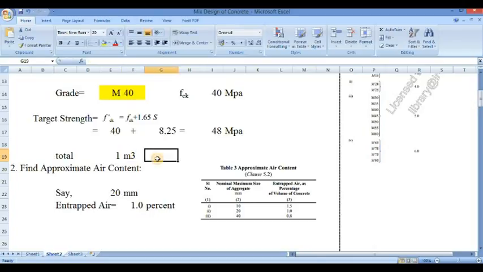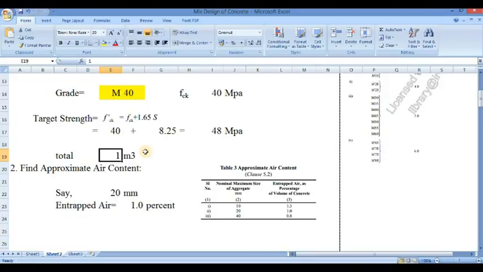That means the volume of cement, the volume of water, the volume of sand, the volume of your coarse aggregate or stone, and also the volume of your admixture. This is the task of any mixed design. So first we have to assume that we are going to produce 1 meter cube of wet concrete. Not dry concrete, this is wet concrete.